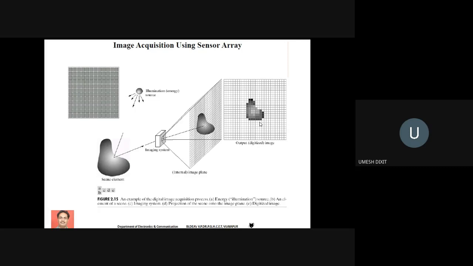So depending on the amount of energy radiated by the object, the imaging system is going to produce an internal plane, an internal image. This image is required to be converted into a digital image by means of additional processing. Okay, that we are going to discuss in the next class.